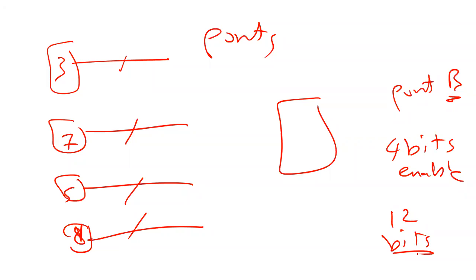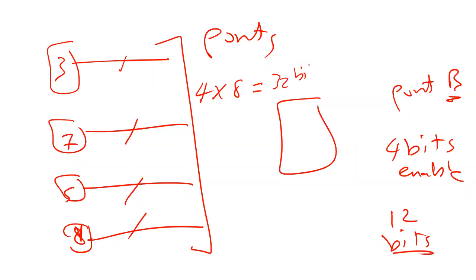This is much better than using 4 ports, which would be 4 times 8, which is 32 bits, or 32 pins to be more accurate. So for sure, using ports this way is too bad because we don't have many ports. We are going to lose the ports. That's why usually we do time multiplexing.